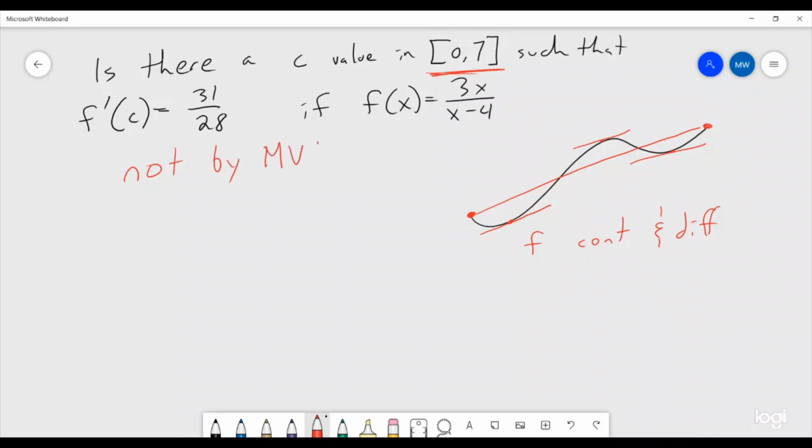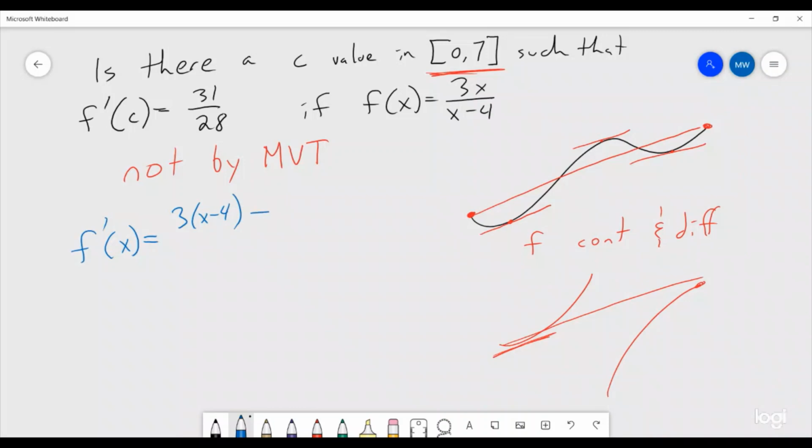We can't guarantee it, but we might still have it be the case, because we might have something like this, where we have a curve and there's still this point down here where the slopes match up, but we can't guarantee it. But what we can do is look at the derivative, and you find that f prime of x is going to be low d high, so that's 3 times x minus 4, minus high d low, so minus 3x, all over the bottom squared.